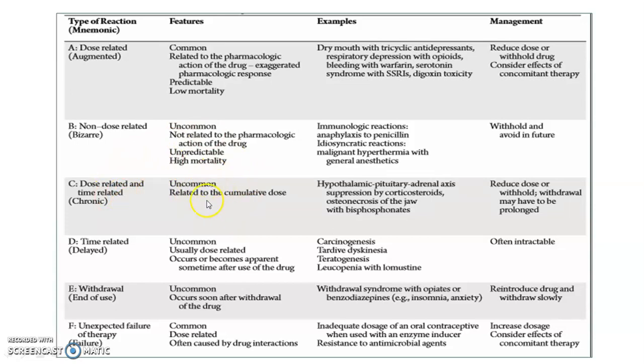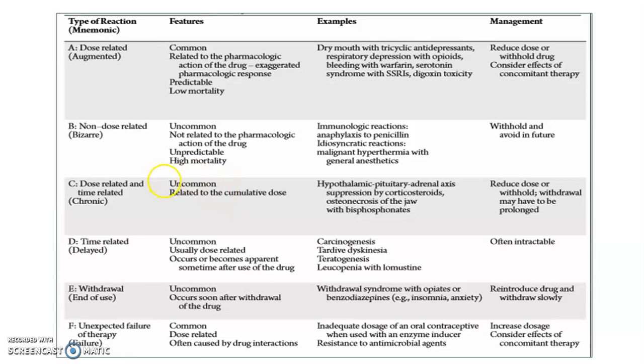Or if we withhold the particular drug which is responsible for the ADR, there also we can minimize the type C reactions. An example of these type C reactions, which are quite rare, is hypothalamic pituitary adrenal axis suppression by corticosteroids.